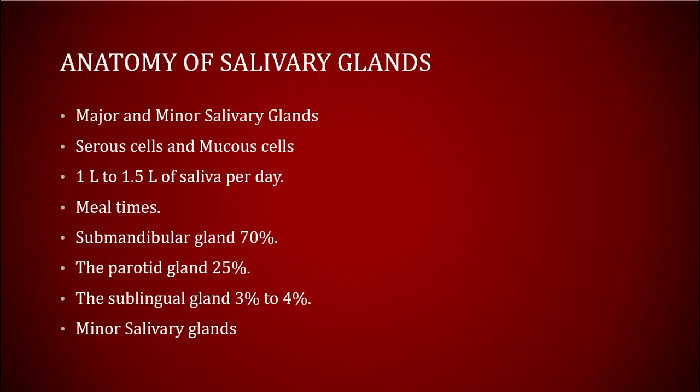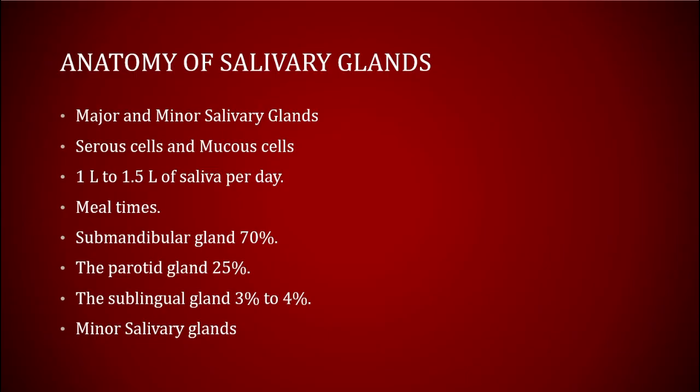We have saliva that comes during meals and saliva that is unstimulated. Without any stimulation, the body secretes saliva. Now, in the unstimulated state, the submandibular gland secretes about 70% and it's mixed between serous and mucus.